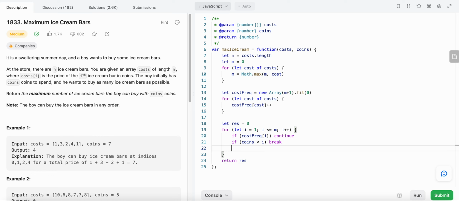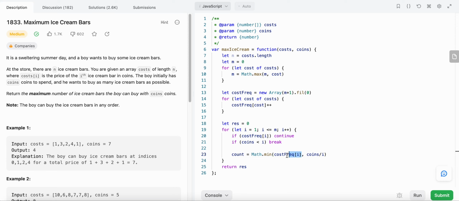If not, we calculate the number of ice creams that we could buy. So count equals the math minimum of either we can buy all the ice creams or we could only buy based on the coins that we have.